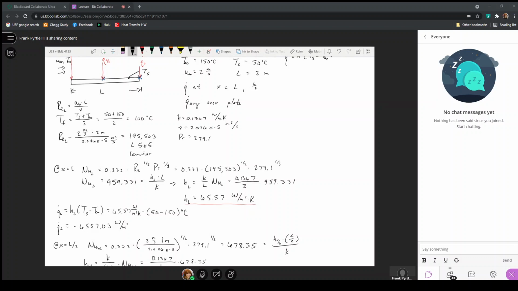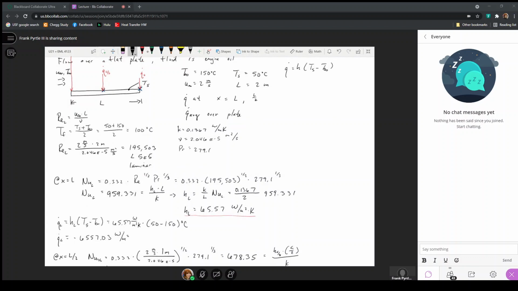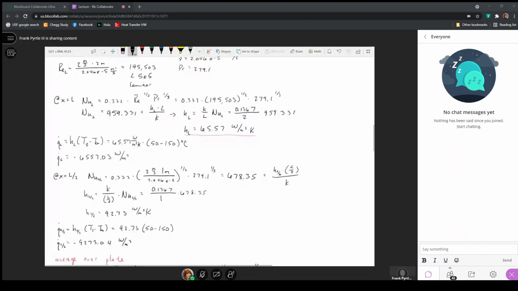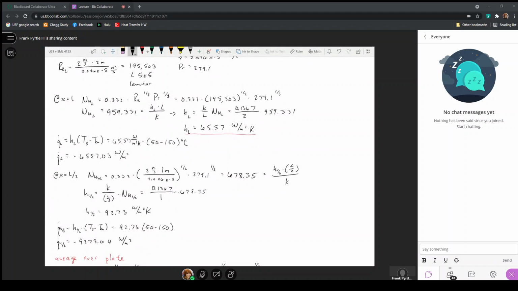And now these are negative because in this problem, I indicated that the fluid temperature was higher than the surface temperature here. At x equals L over 2, we evaluated the Nusselt number and also the heat transfer coefficient so that we could then write the expression for the heat flux at L over 2.